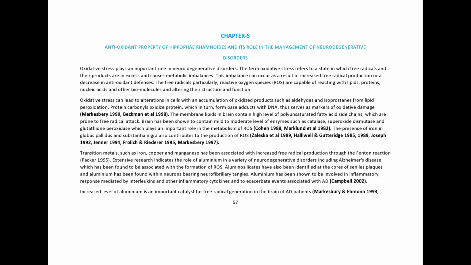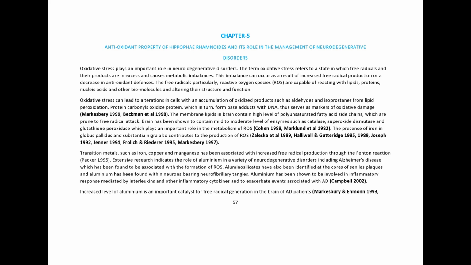Extensive research indicates the role of aluminium in a variety of neurodegenerative disorders including Alzheimer's disease, which has been found to be associated with the formation of ROS. Aluminosilicates have also been identified at the cores of senile plaques, and aluminium has been found within neurons bearing neurofibrillary tangles.